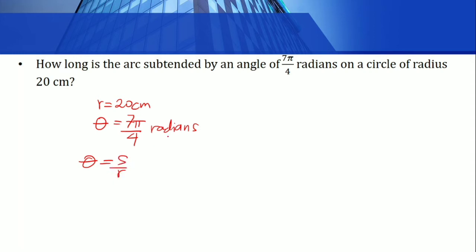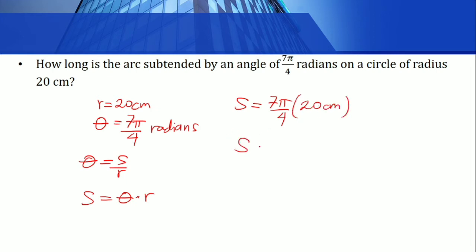So, para makuha natin yung arc, which is yung S, subtended by yung angle natin na naka-radians, S is equal to theta multiplied by R. Naka-radians na ito, so para makuha natin yung length ng arc or yung S natin, S is equal to 7 pi over 4 times yung radius na 20 cm.